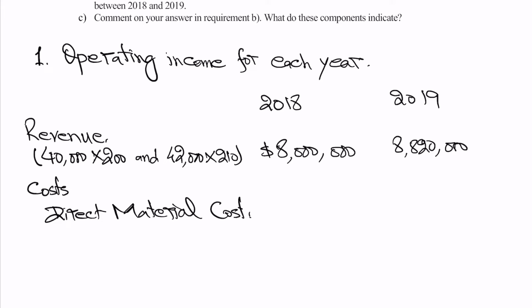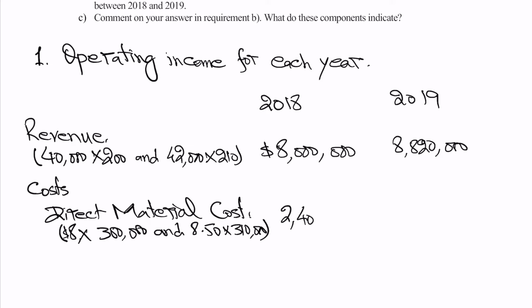We know that they applied $8 per kilogram into 300,000 kilograms, and for 2019 we applied 8.50 into 310,000, and by this way we get 2400, and this one we get this. Then we have a manufacturing.